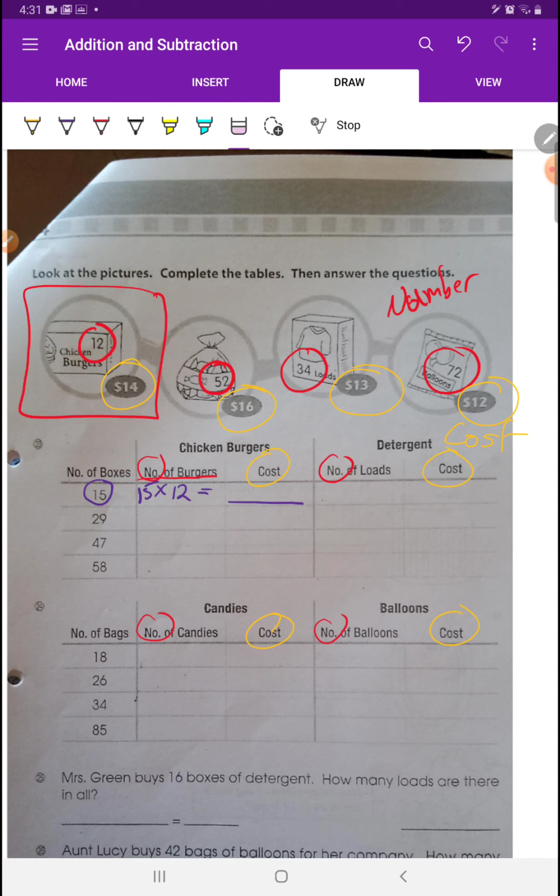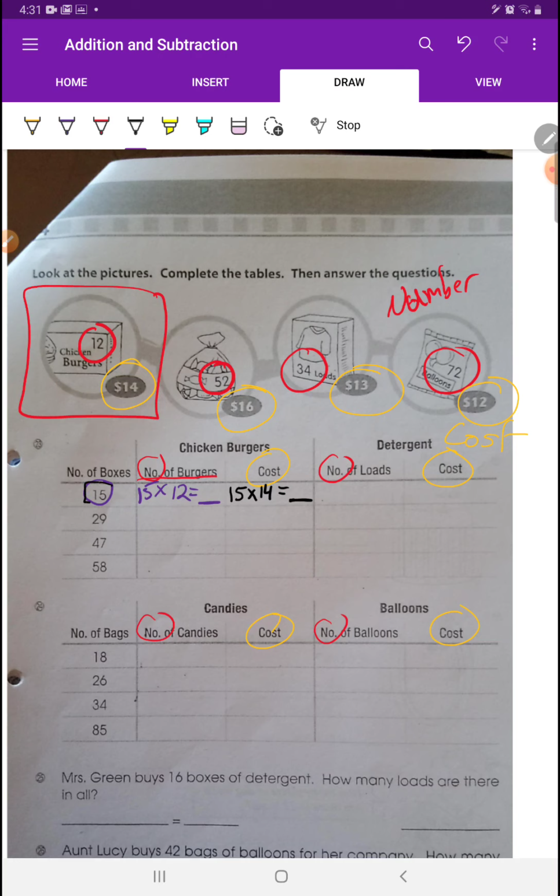Sorry, not what's the cost. What is the quantity? Okay? And then when it comes to the next question, what's the cost? If I have 15 boxes, and each box costs $14, what's the cost? See that? Okay, that is how you answer it.